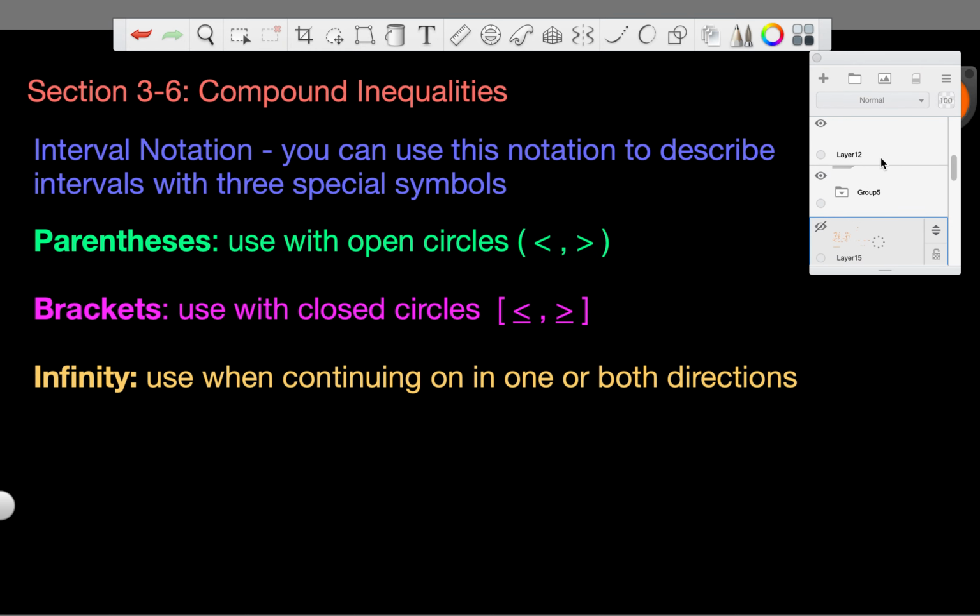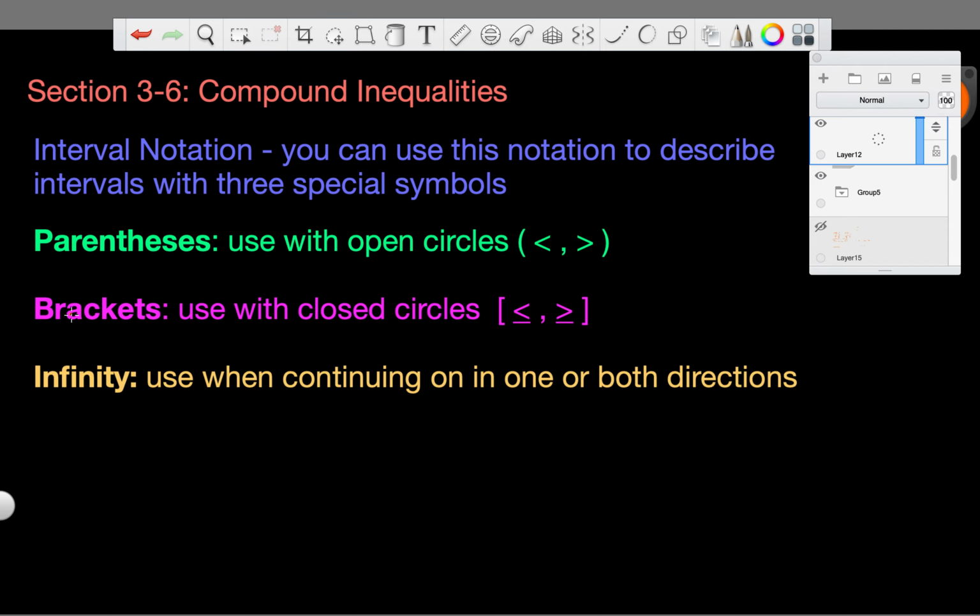Okay, so on your notes page, you have some of these definitions. I need you to write them down. There's another way to write the solutions of inequalities, and you can use interval notation. So when we have open circles, we use parentheses, and I'm going to show you examples on the next page.